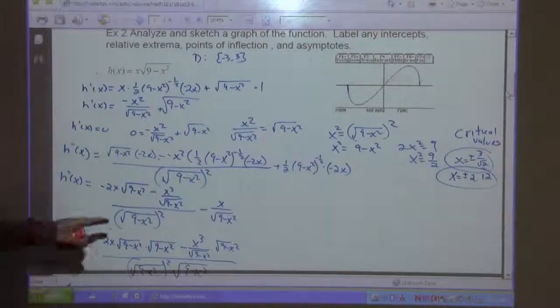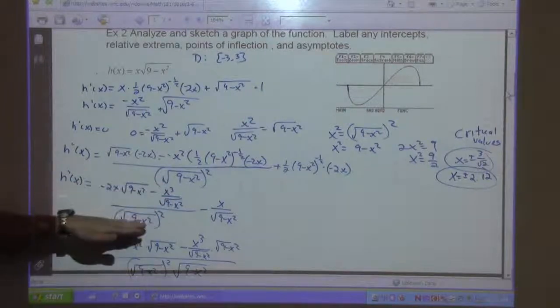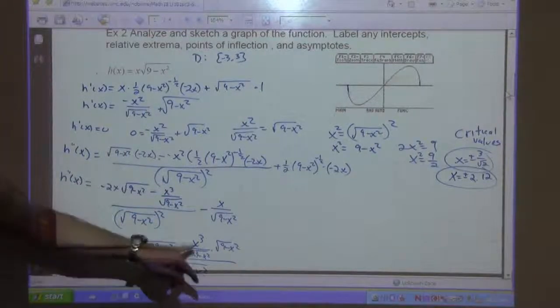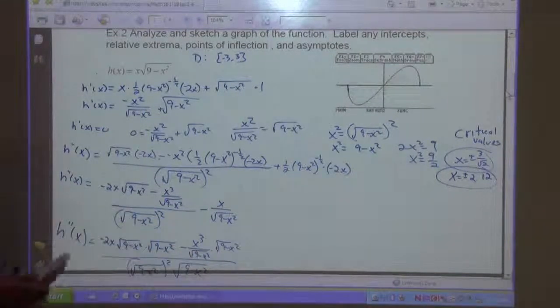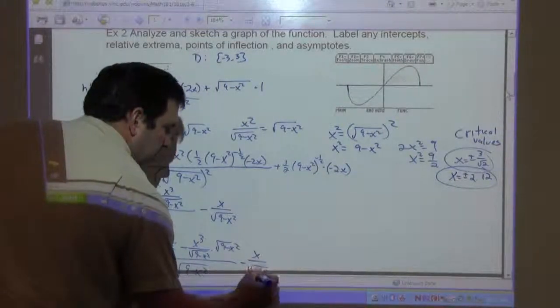So what I've done is I multiplied everything in the numerator here and everything in the denominator by the square root of 9 minus x squared, so effectively multiplied it by 1. So minus our x over the square root of 9 minus x squared.